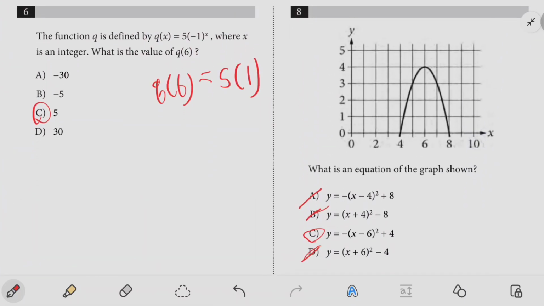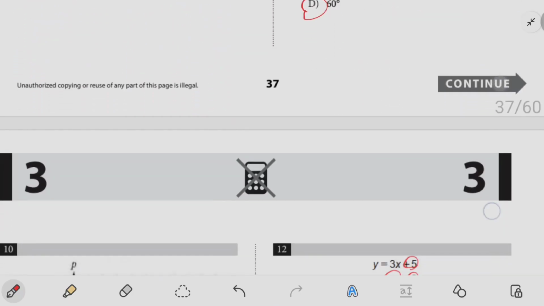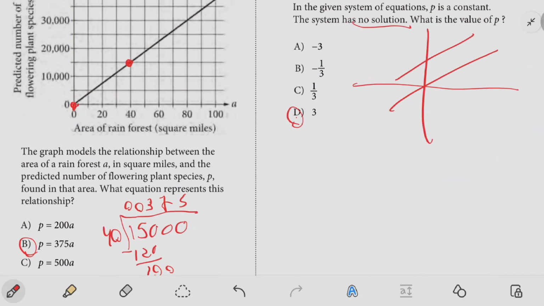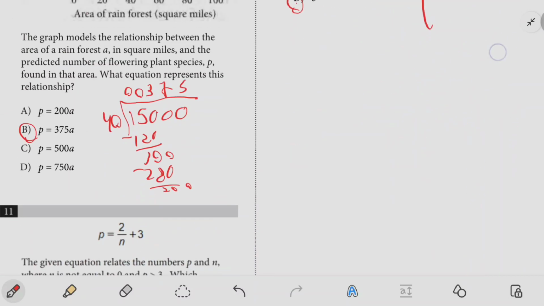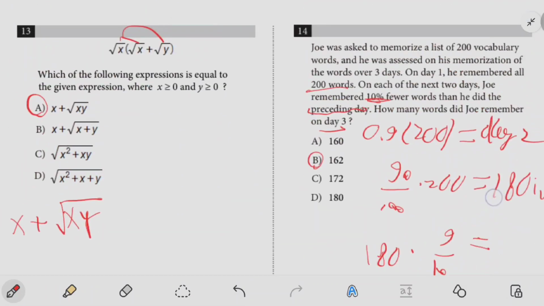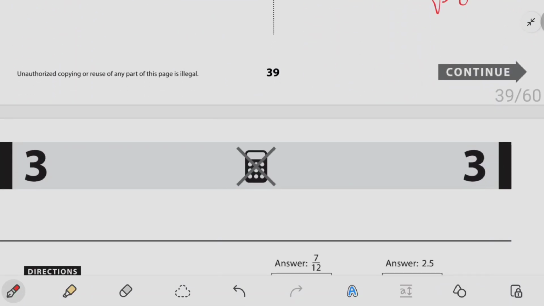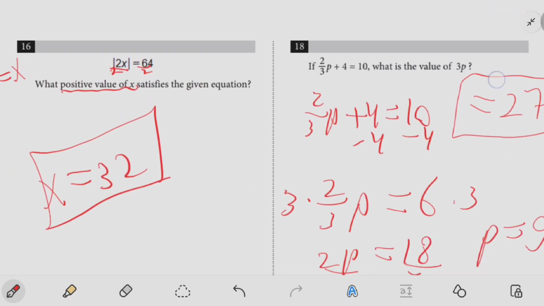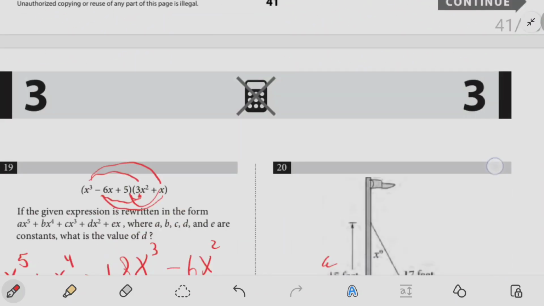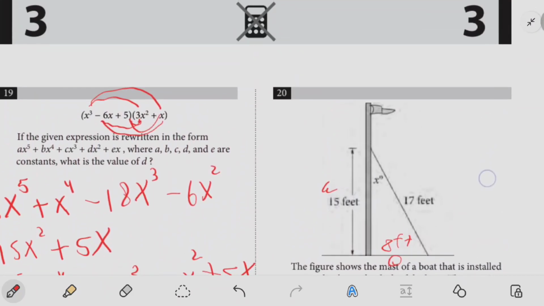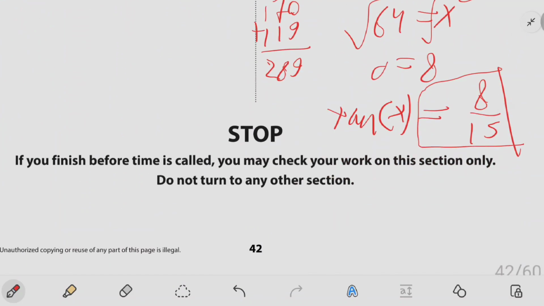Right, that's good. C, D, B. C, D, B. Okay, got everything correct on the no calculator one. This is a tough one right here. Let's get started.